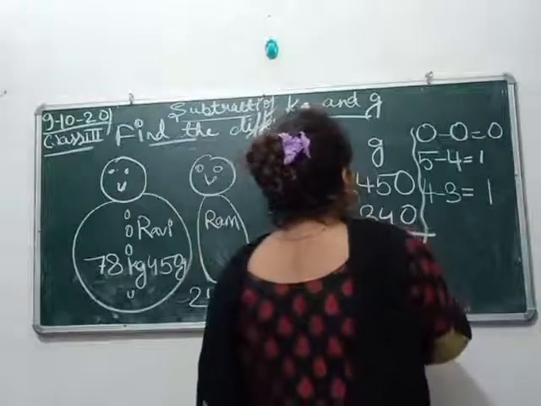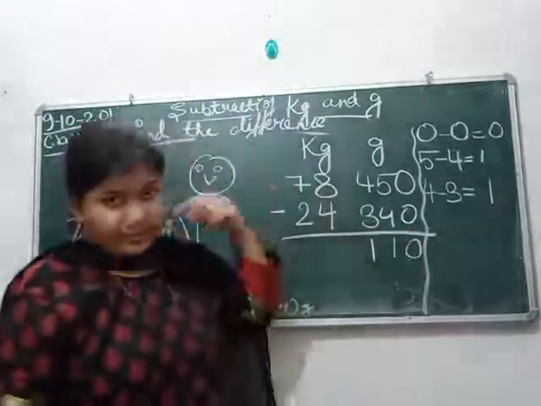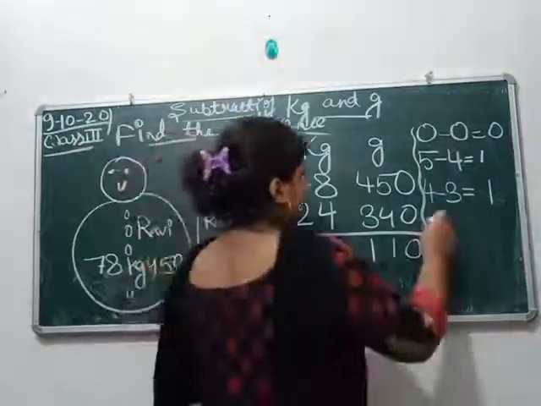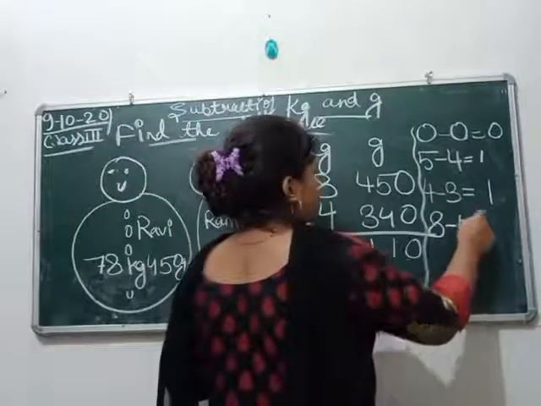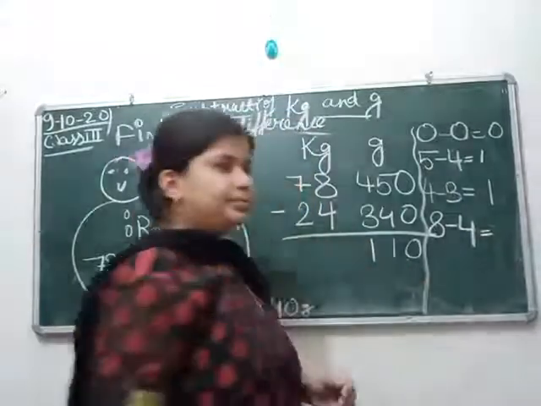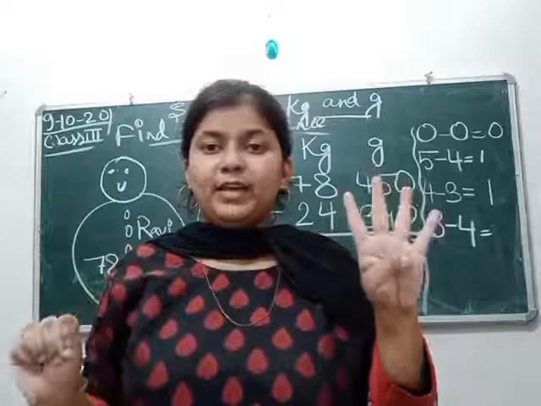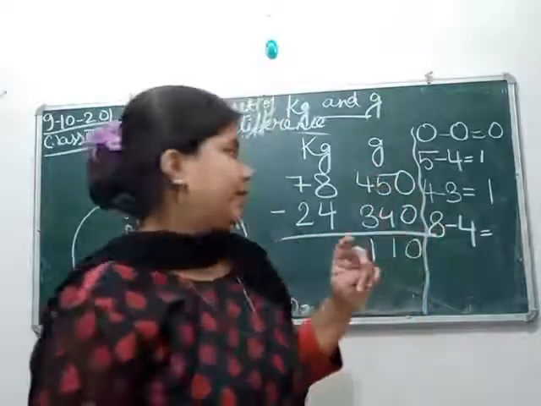Let us write there. Acha, at kg's place, first we are having 8 minus 4. How much you will get? 8 minus 4, you will get 4.